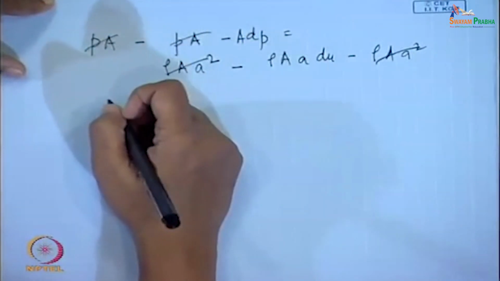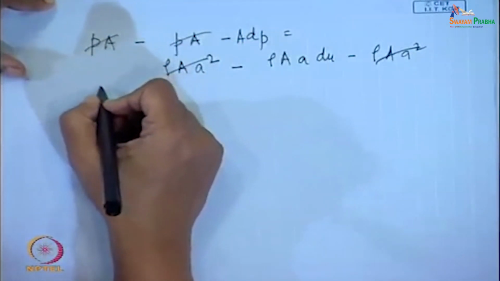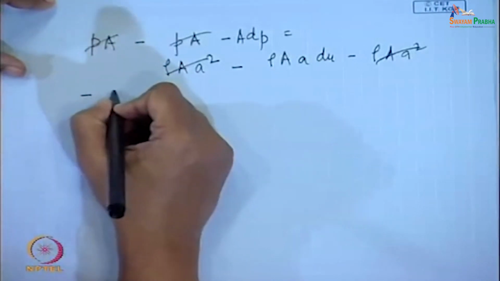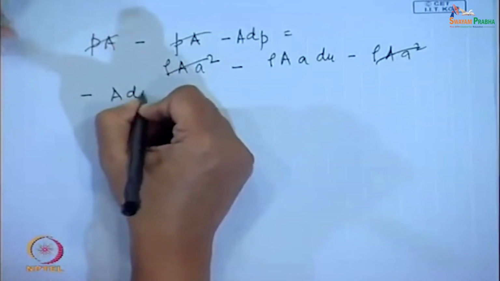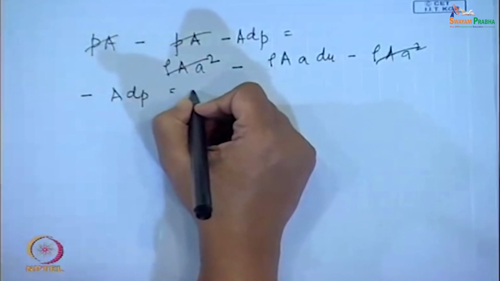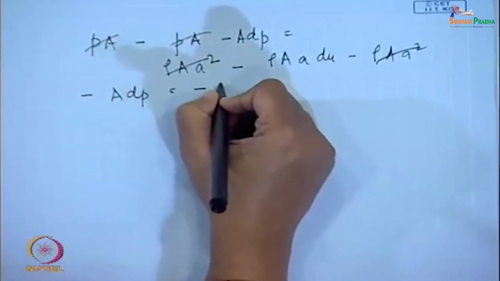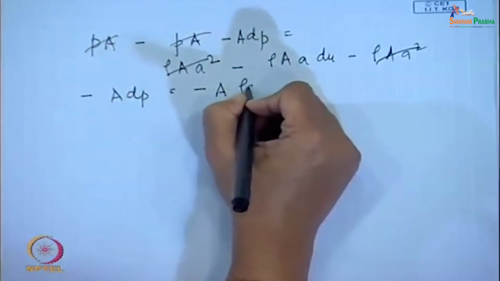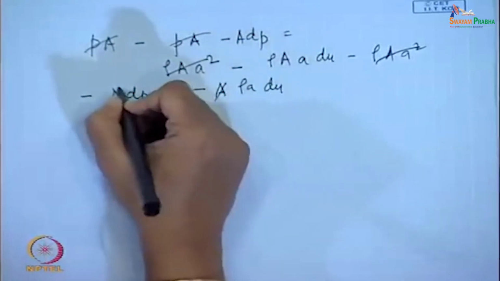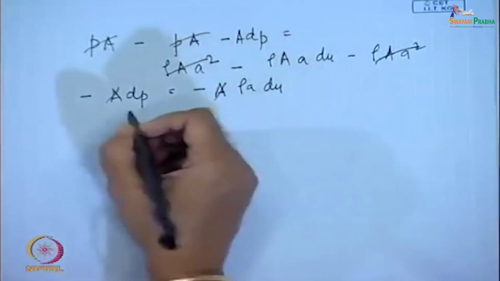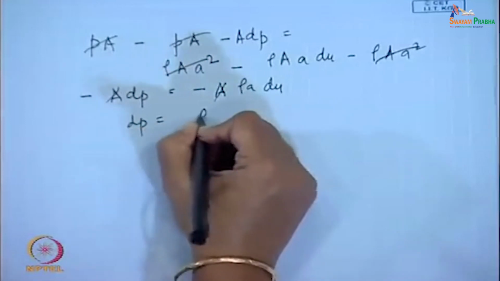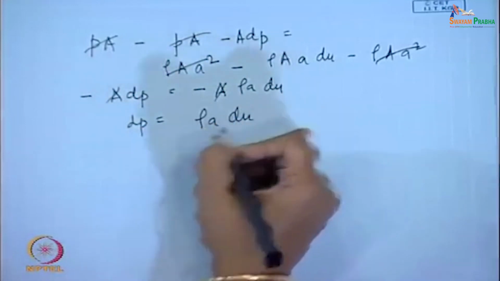So, finally, what are we landed up with? We are landed up with minus A d P equals minus A rho a du. A also cancels out, or in other words d P is nothing but equal to rho a du.